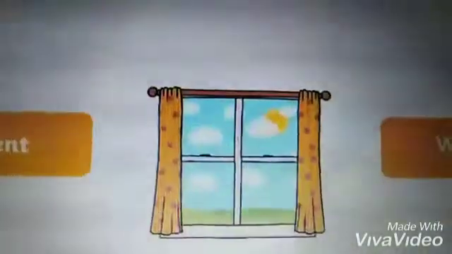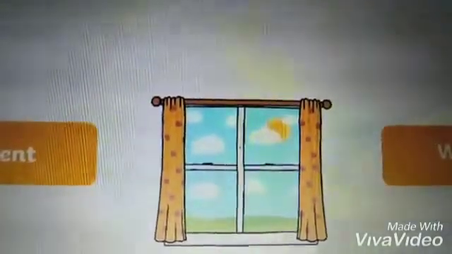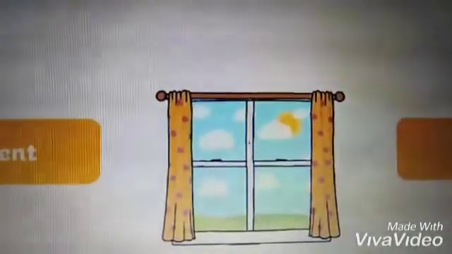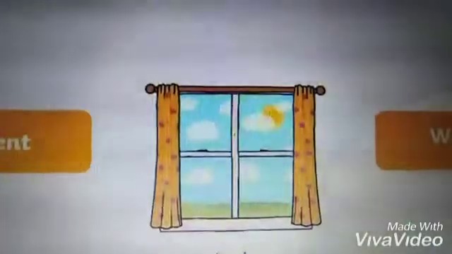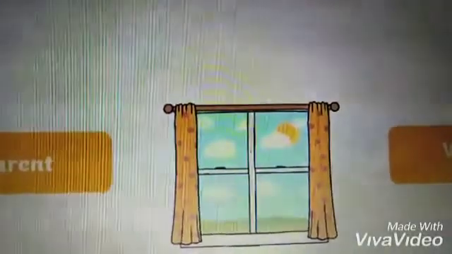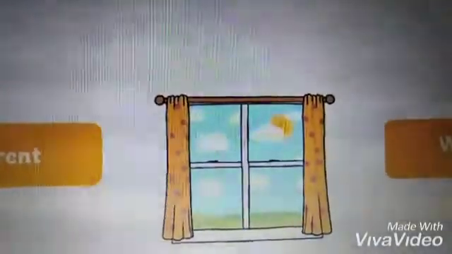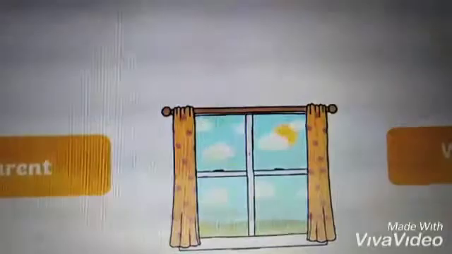Transparent means that you can see through it. We need to see through the window, so it is transparent. We also need to let the light in. But on the other side, if it's rainy outside, then we need to keep the rain out. So windows are made from glass, which is waterproof.